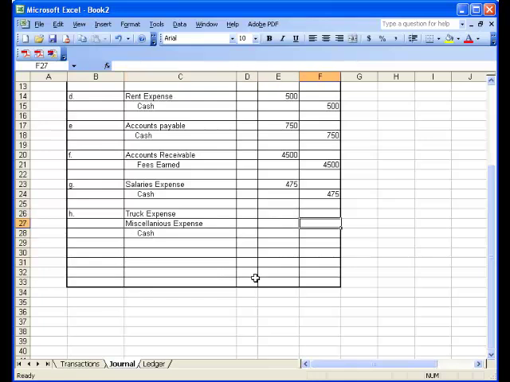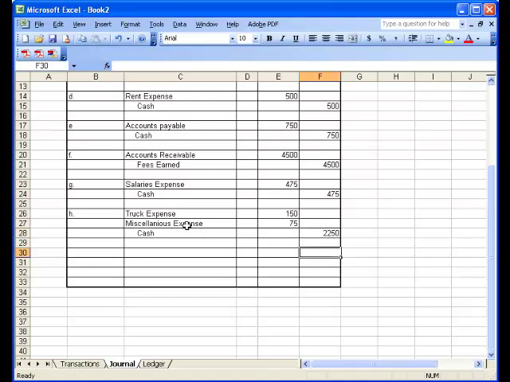And I remember my miscellaneous expense was $75. My truck expense was, I believe, $150. Whoops, this account should go over here. Miscellaneous expense, $75. And my credit should be to cash for $225.